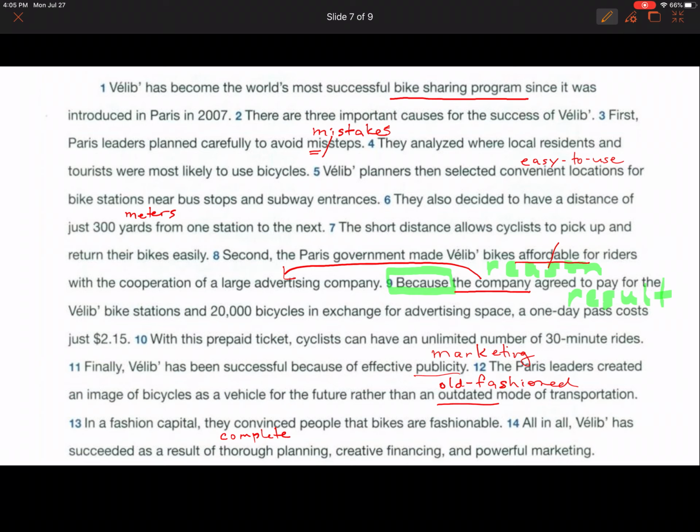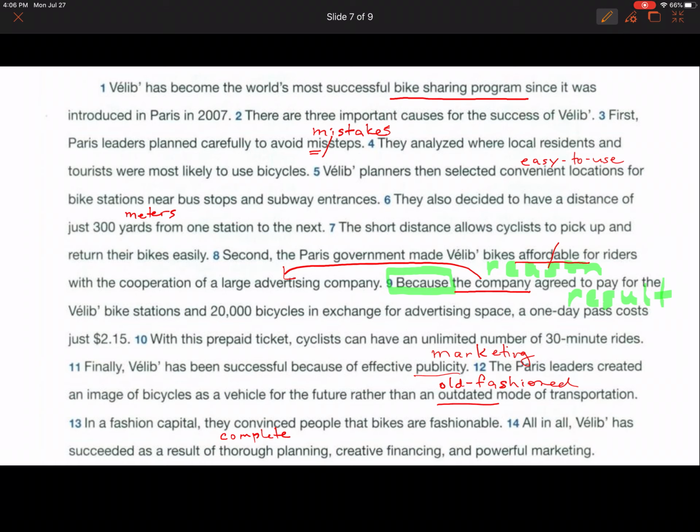This isn't explained here, but the advertising company could use public spaces like city parks or city benches or the sides of buildings, for example, to put up an advertisement, a large billboard. Usually that would cost the advertising company thousands of dollars, but they got it for free. Why? Because they paid for the bike stations and the 20,000 bicycles.